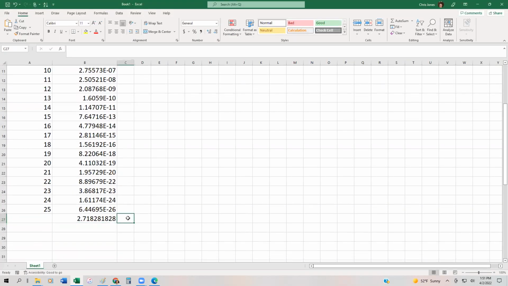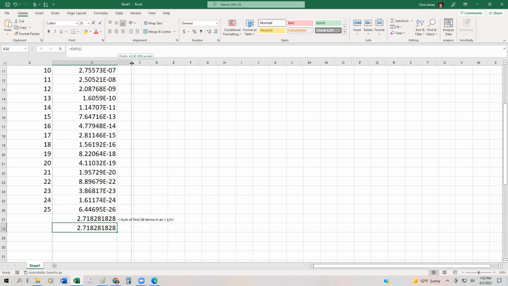This is going to be the sum of the first 26 terms of a sub n equals 1 over n factorial. Now check this out. If I type in e to the first, or exp(1), these two numbers are so scarily close that it can't be coincidence.